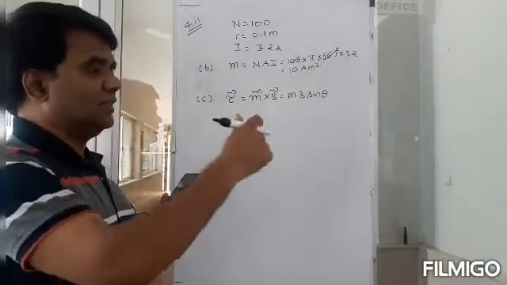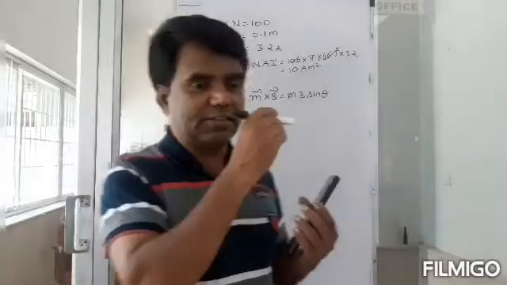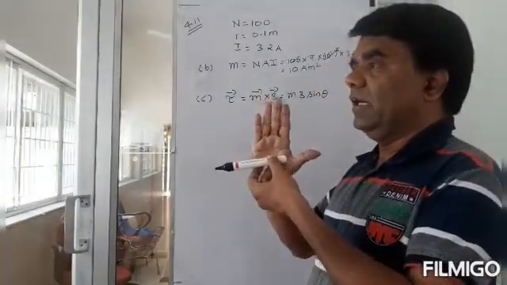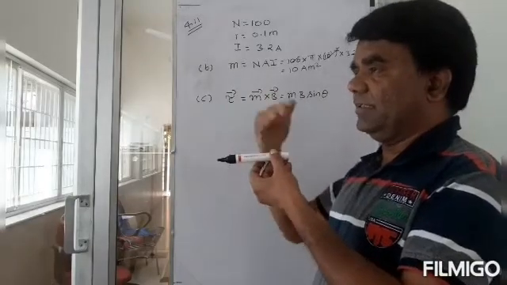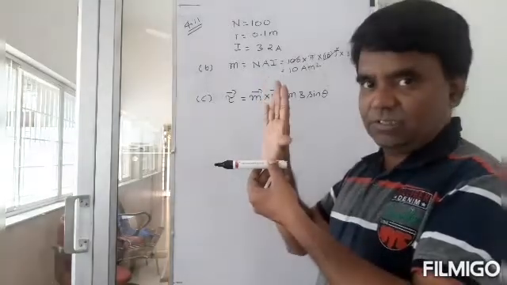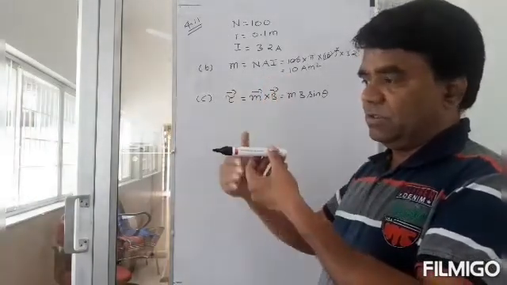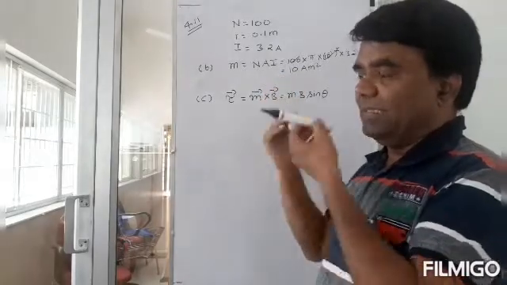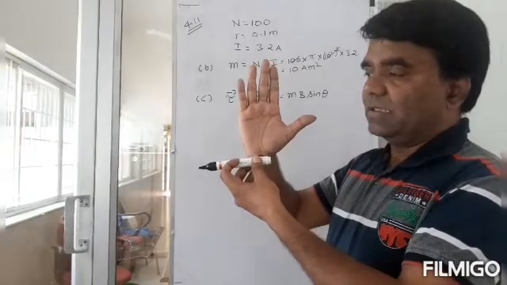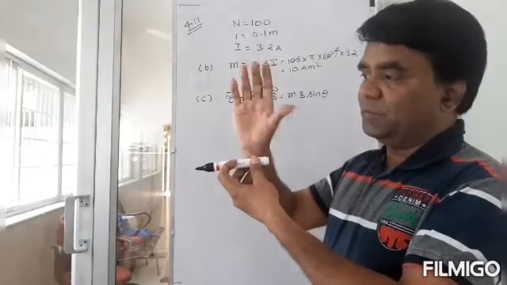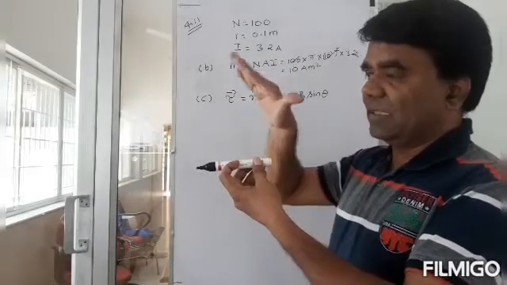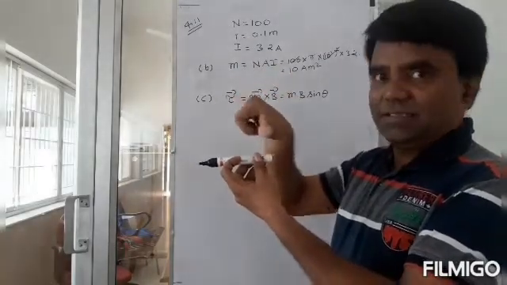Suppose B is in this direction and you have the area like this, so your M will be in this direction initially. If the current flows like this, then M must be in this direction.